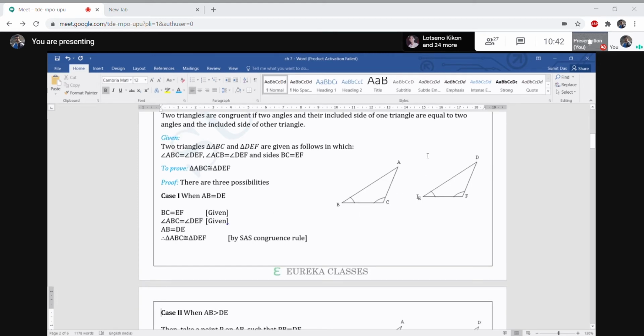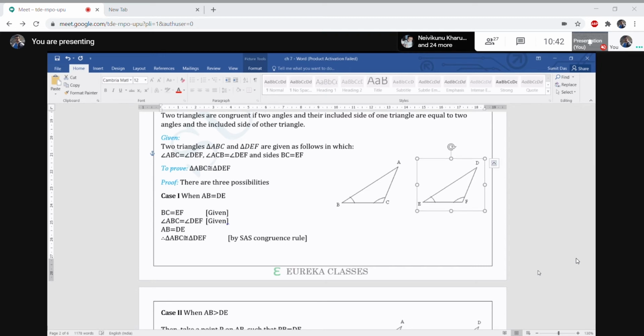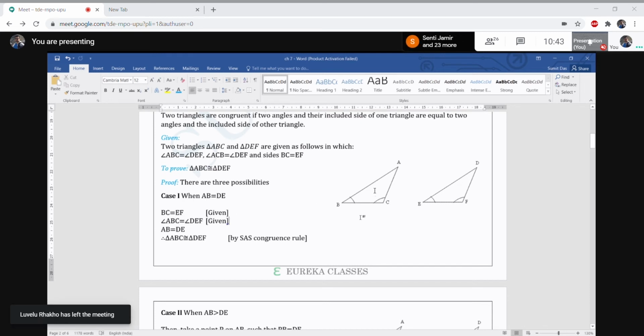We can write BC equal to EF, it is given, and angle ABC and angle DEF are equal. And we just took AB equal to DE. So you can see these two sides, BC and EF, are equal, and their included angle is equal. So by the SAS congruence rule, these two triangles are congruent. This is case 1.